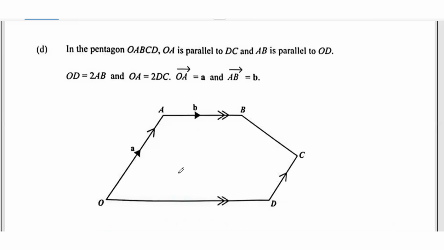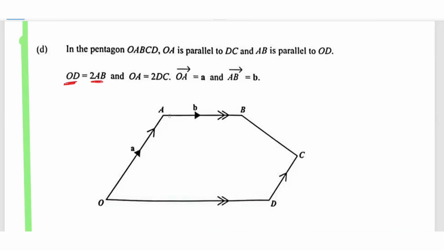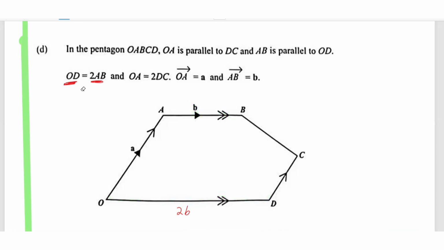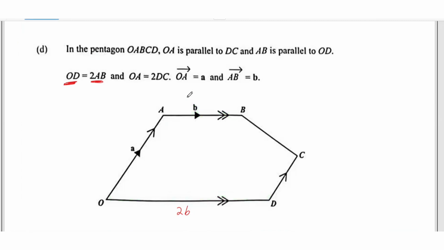Now, I'm going to finish labeling because I was told that OD is equal to 2 times AB. In other words, if I multiply this by 2, I'm going to get this side. And since this side was b, then this side has to be 2b because it is 2 times as big. Another thing here is that we were told that OA is 2 times DC.